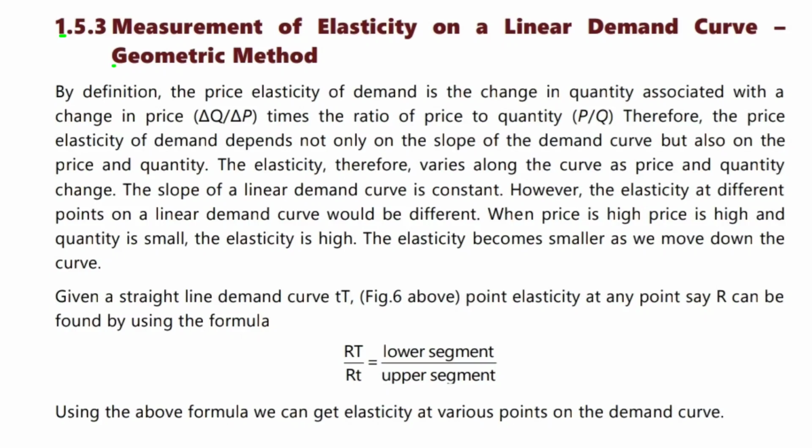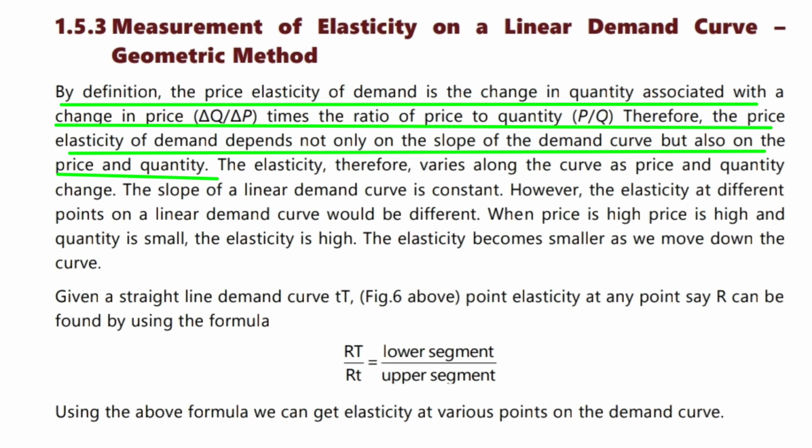Now children, the measurement of elasticity on a linear demand curve is represented in the geometric method. By definition, we understood that the price elasticity of demand is the change in quantity with regard to the change in the price, that is delta Q by delta P. That gives the ratio of the price to the quantity.